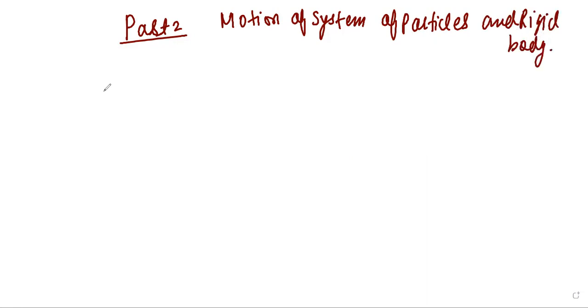So let's see the next sum, that is the 9th one. A bullet of mass 10 gram, moving horizontally with a velocity of 400 meter per second, strikes a wooden block.